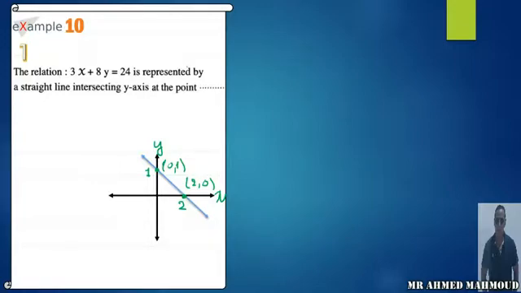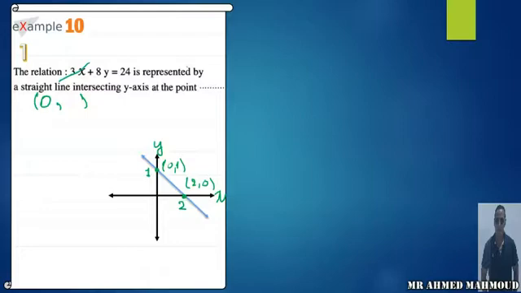Then, in this example, I have an ordered pair. I need the intersection with the y-axis, then I will put x equals 0. Then now I need y. I need x equals 0, then I will cross out x like this.